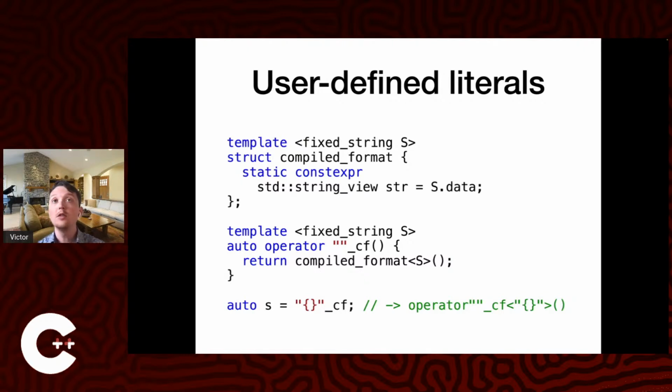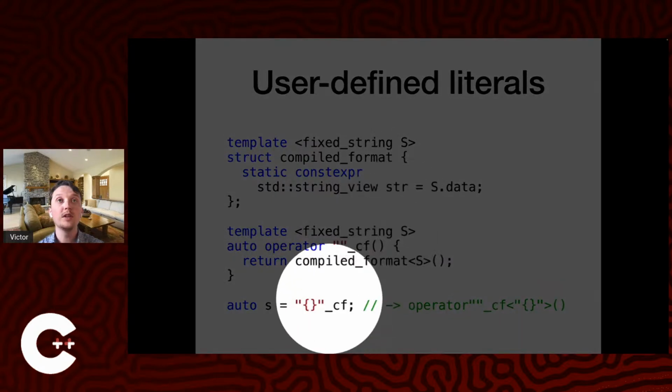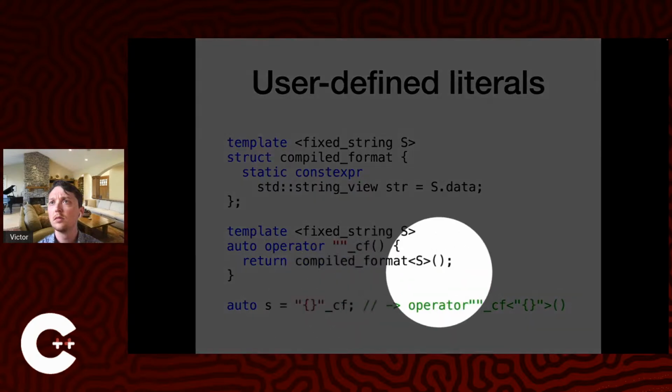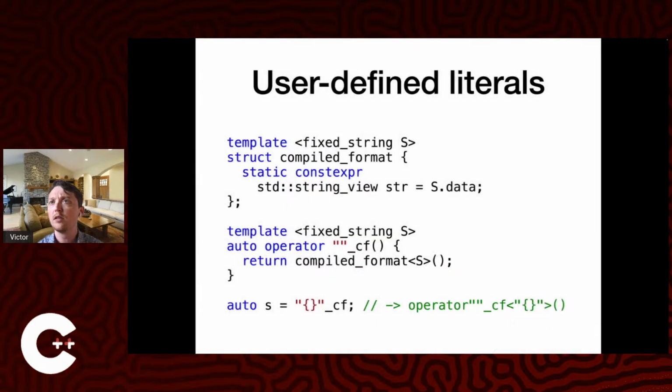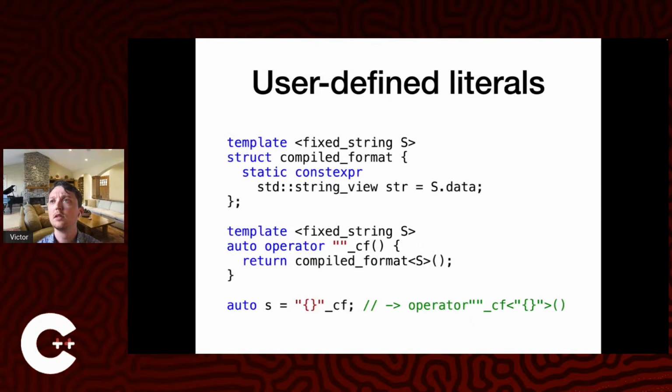And if we look at the usage of this UDL, the compiler simply transforms it into a call to operator cf parameterized on our string literal. This string literal is converted into fixed_string, and then the UDL itself returns the compiled format.